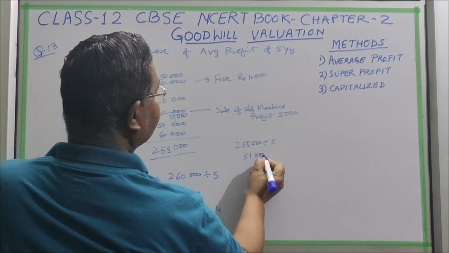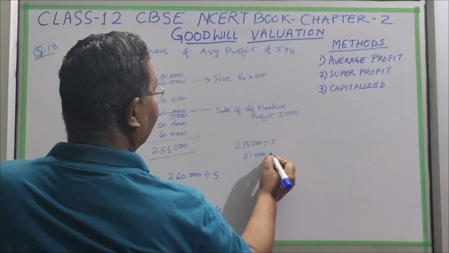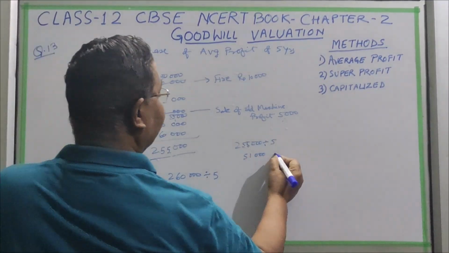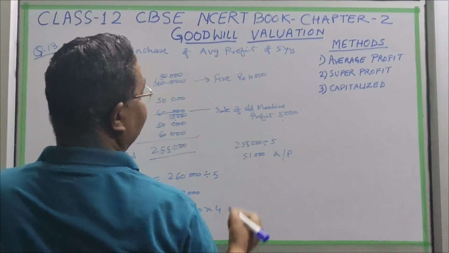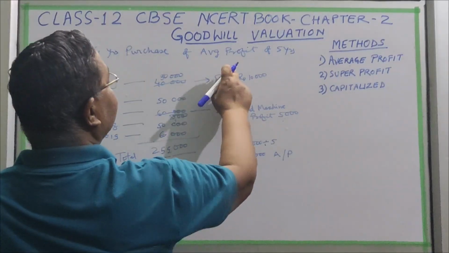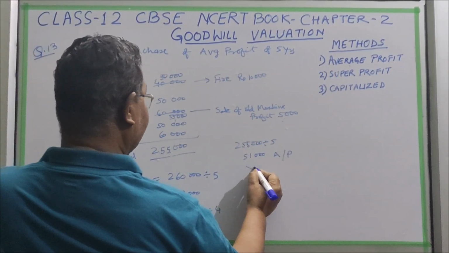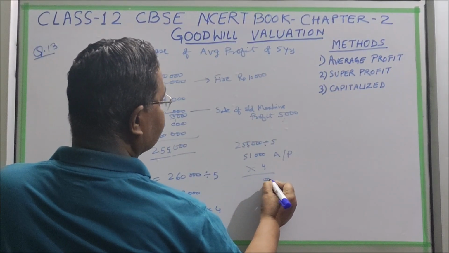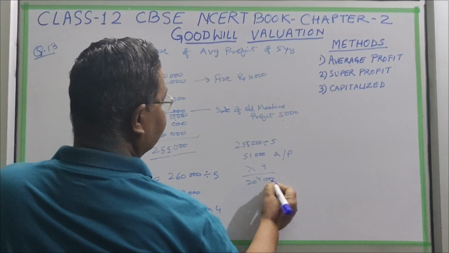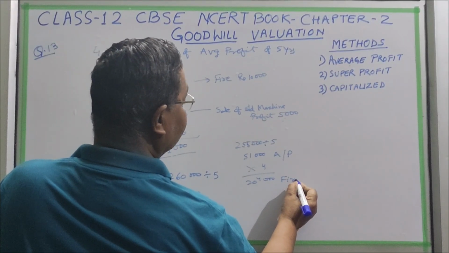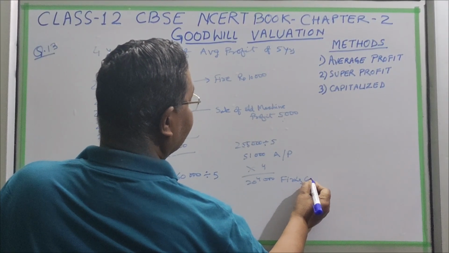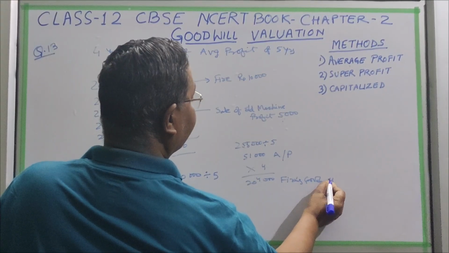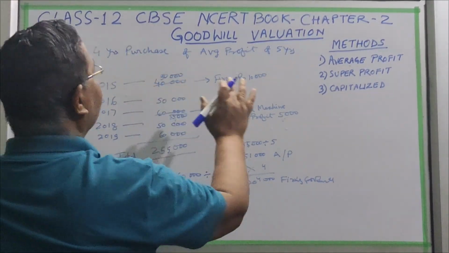This will be the average profit, because you have to adjust, and then again 4 years purchase. So this is the firm's goodwill. This is your average profit method.